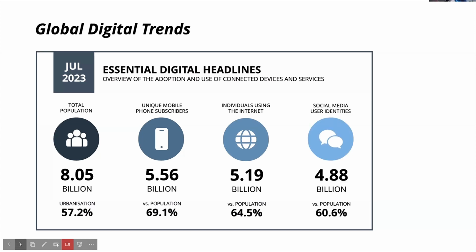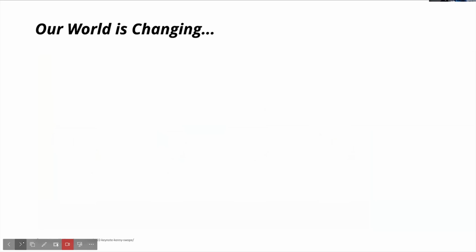For those of you that have social media strategies for your documentation and other materials, there are 4.8 billion people in the world who have social media identities, or 60% of our global population. So this is the reason why this is important to us and why we have to understand this information.